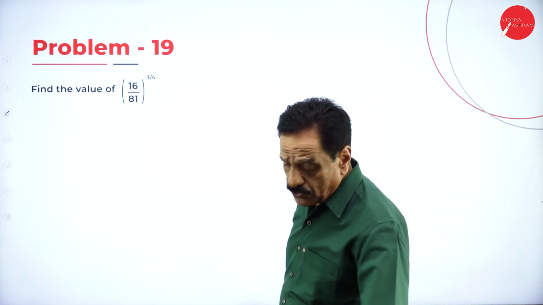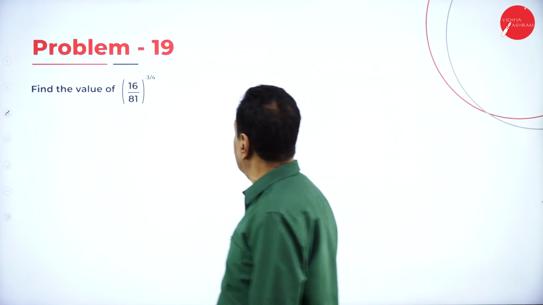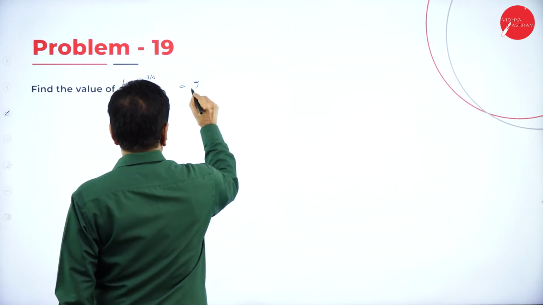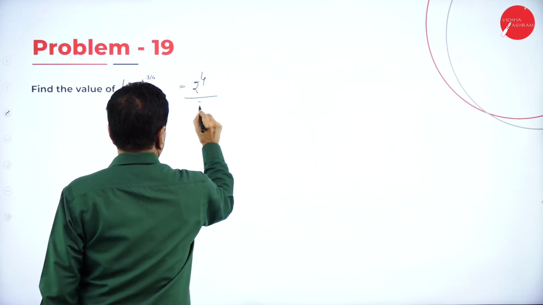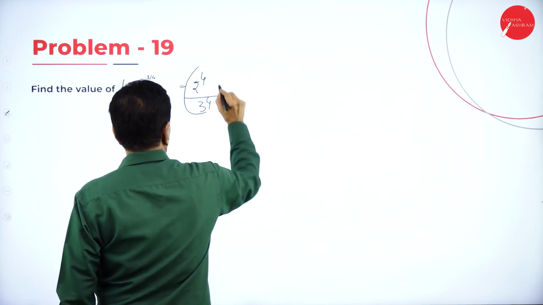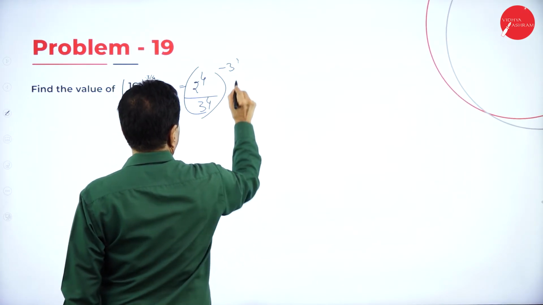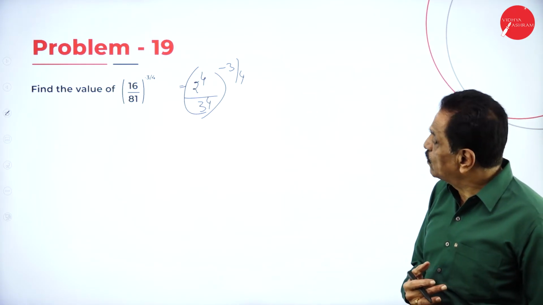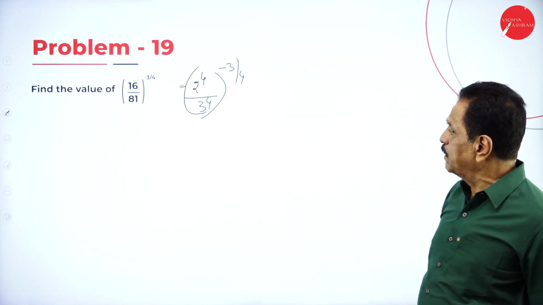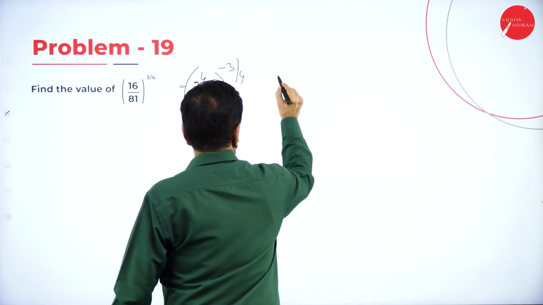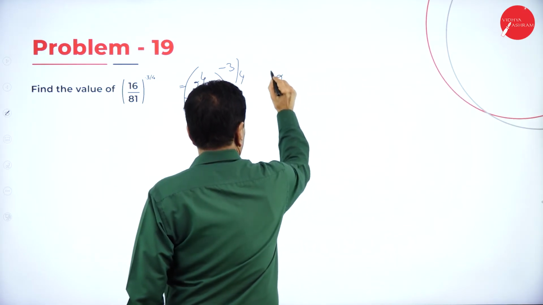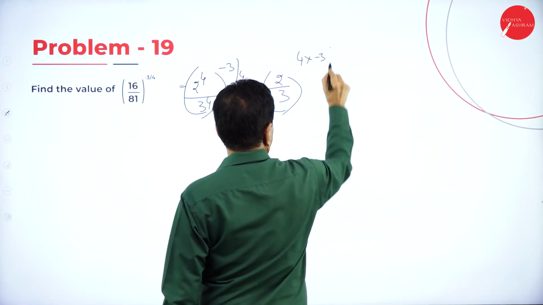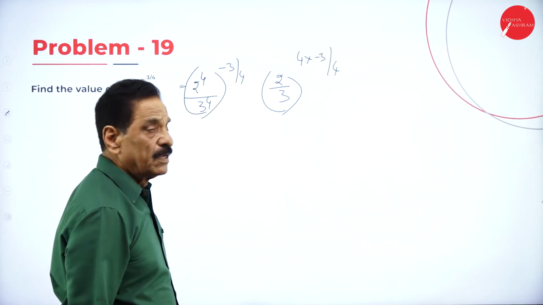Find the value of 16 divided by 81. This can be written as 2 to the power of 4, 3 to the power of 4, to the power of minus 3 by 4. Or we can write 2 by 3 to the power of 4 into minus 3 by 4. Cancel.